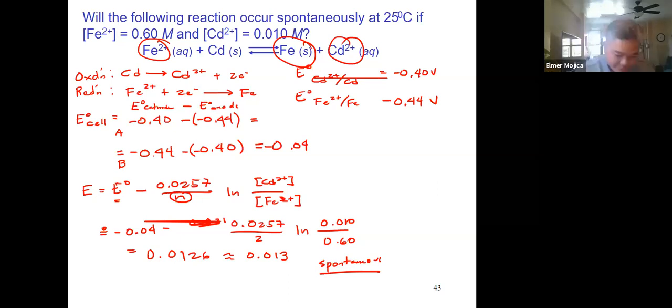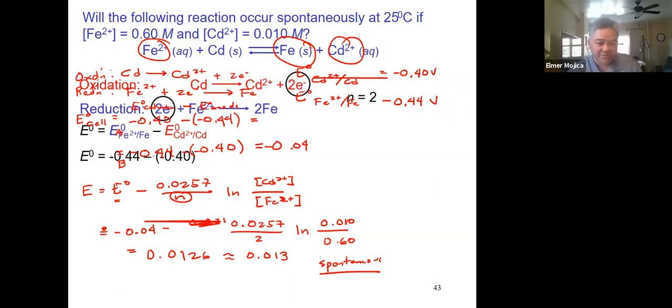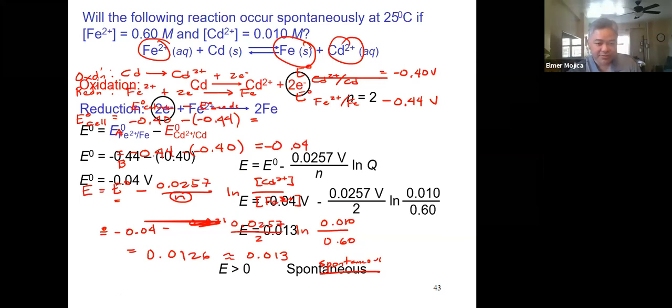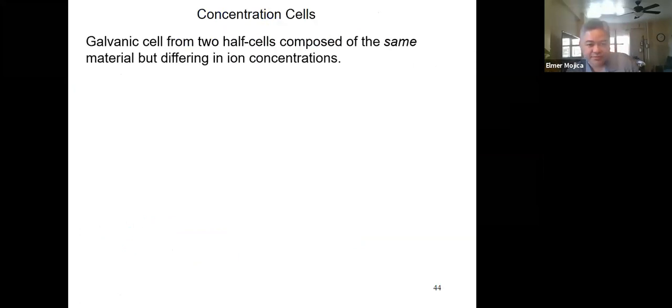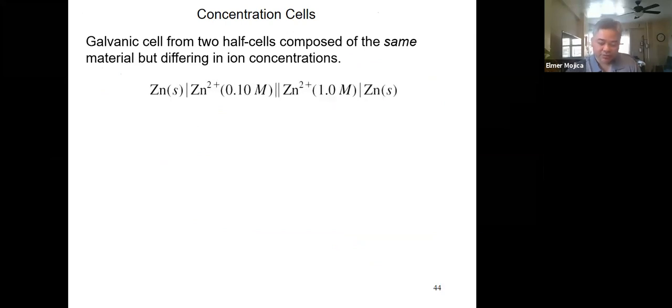The answer is yes, it is possible. So if you have a battery that's made up of zinc, the only difference is one is 0.1 molar and the other one is 1 molar, you will still be able to get the battery.